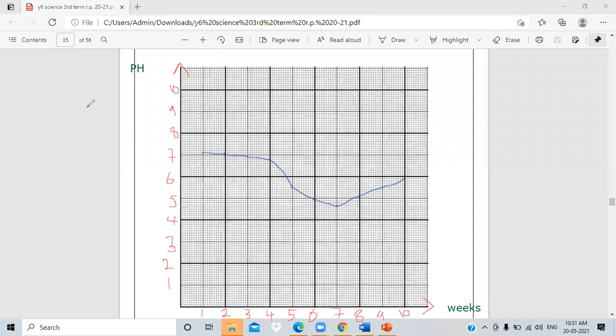Okay, so this is how the line graph will look like. At first, they're really near each other. It keeps decreasing and decreasing until it reaches a certain point, and then it starts to increase again. The pH, of course.